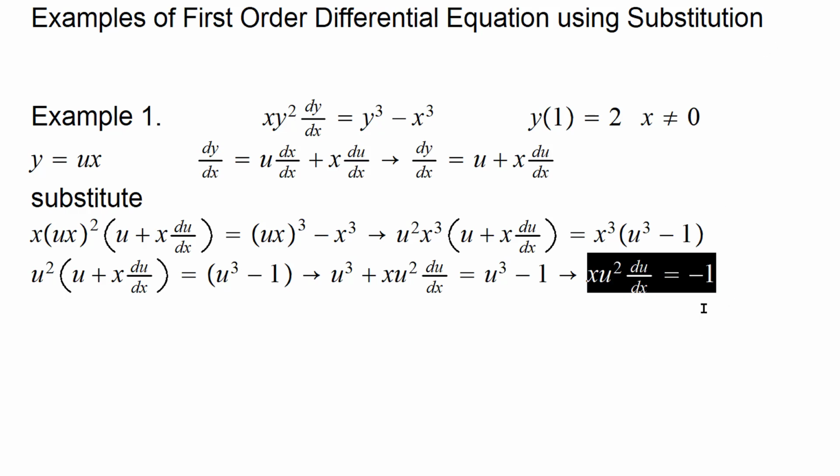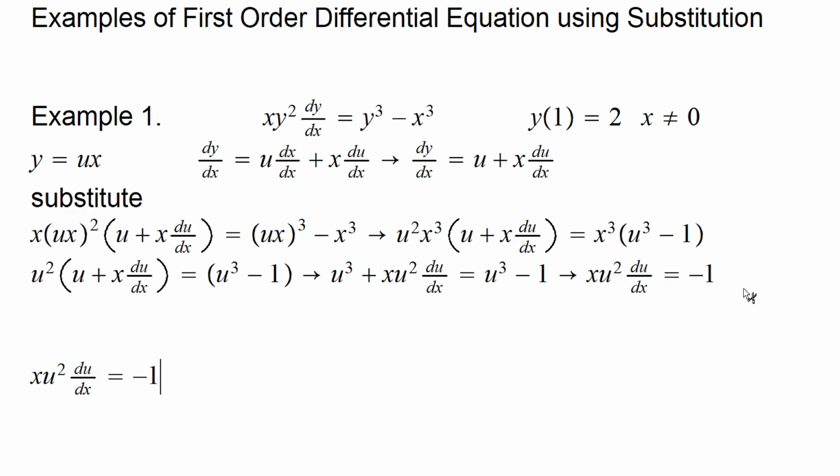So we have a separable differential equation, right? If we use the separation of variables, what we get is u squared du equals negative dx over x. And that will give us u cubed over 3 when we integrate the two sides. So u cubed over 3 equals negative natural log of absolute value of x plus a constant c.